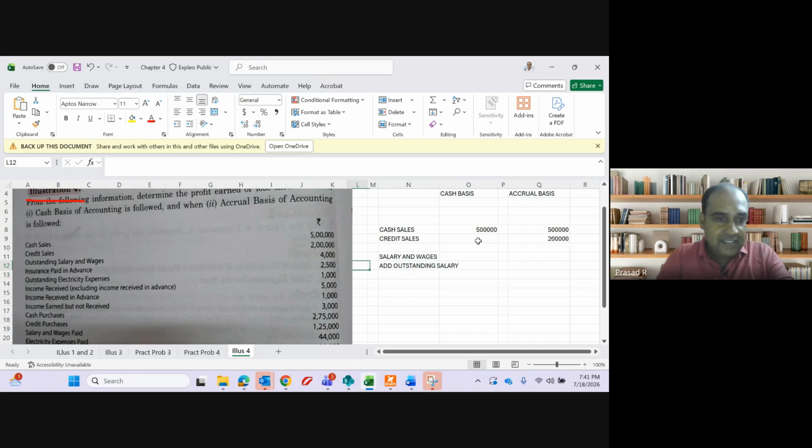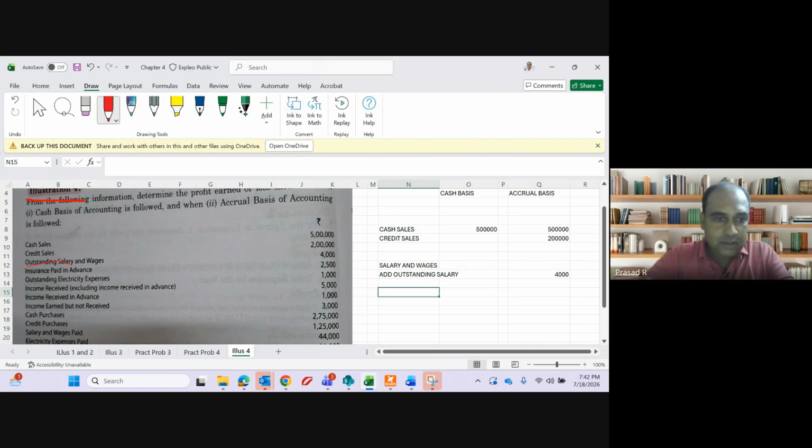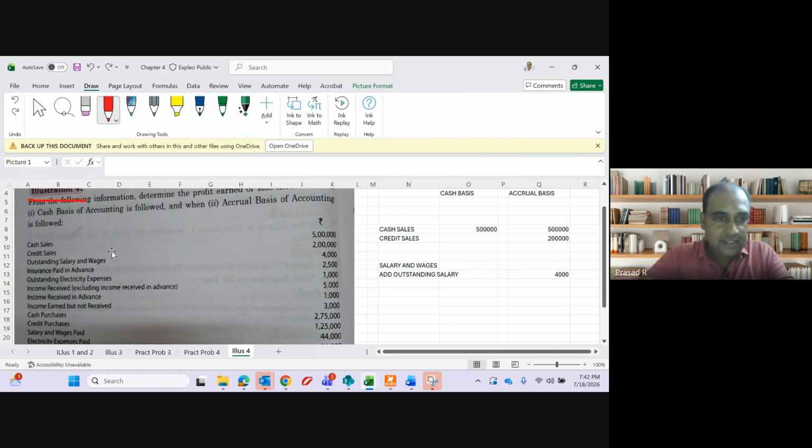Outstanding salary and wages, how much? 4,000 rupees will be added under accrual basis. Clear? Any doubt, guys? No, sir. Okay, so we have discussed outstanding salary.